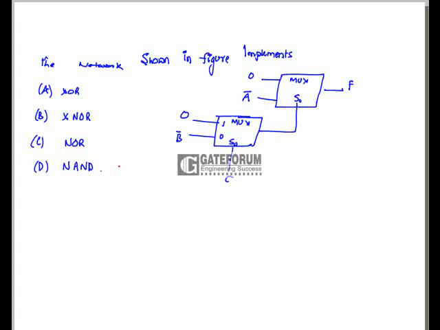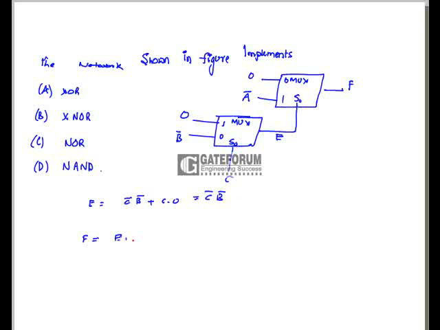The circuit shown in the figure implements... So here, suppose I take this as E. E equals C bar, B bar, and C is 0, which is C bar, B bar. F equals, here this is 0, this is 1.